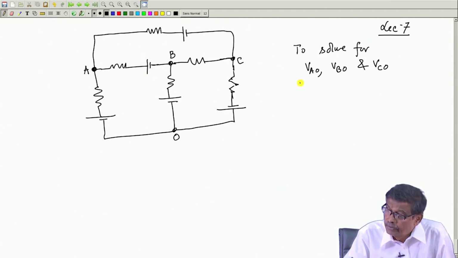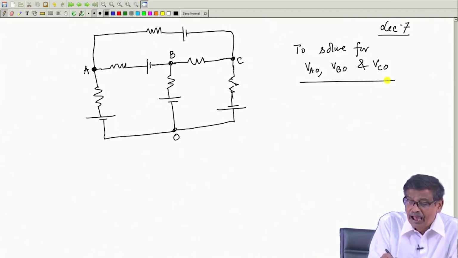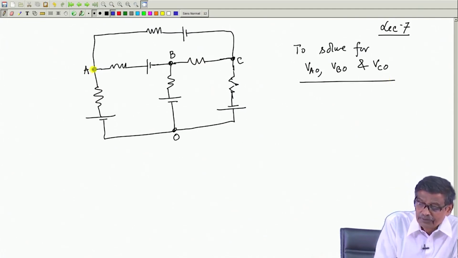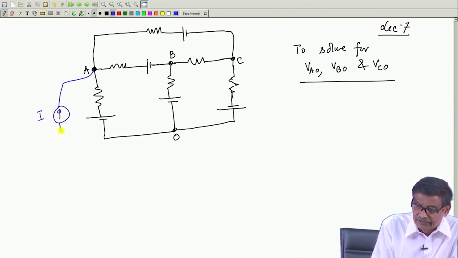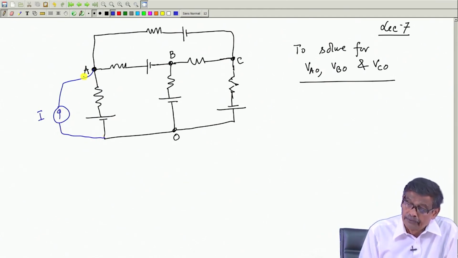Now, how to solve this? Let me also add another thing here. Suppose there is also a current source, an ideal fixed current source, connected here.